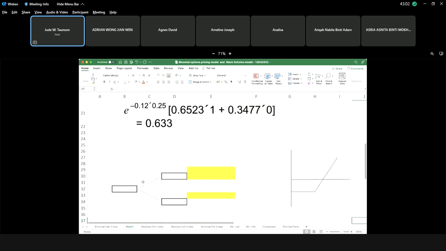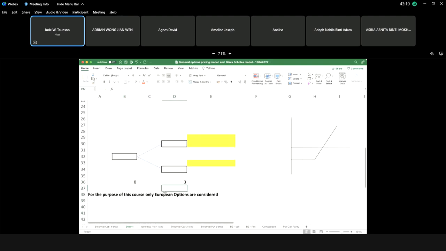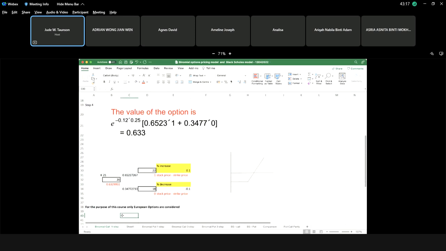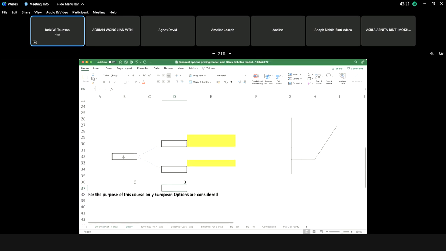Okay, so this is today. This is the time frame. 0. Here is 3 months. Okay, so one step. That's why I call this model binomial call one step, because the maturity is 3 months. So from here until here is 3 months.